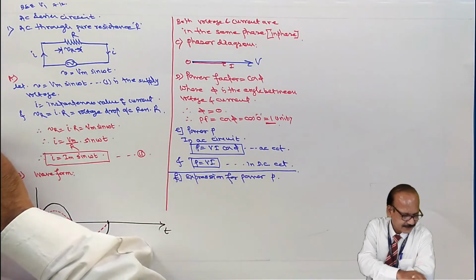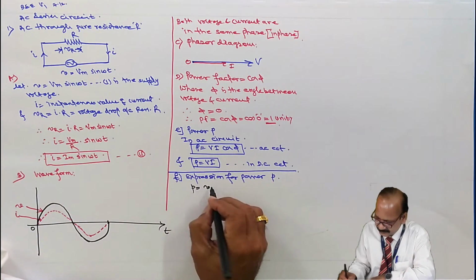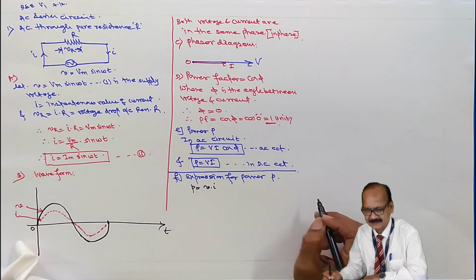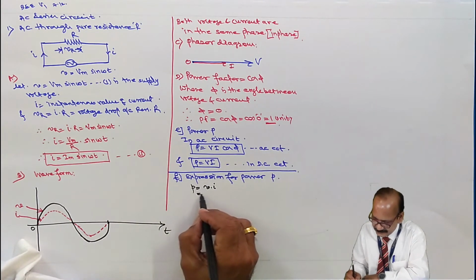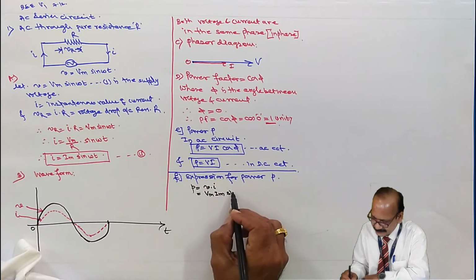The instantaneous power, small p equal to the product of voltage and current. So instantaneous voltage into instantaneous current. So that is equal to V max I max sin squared omega t.